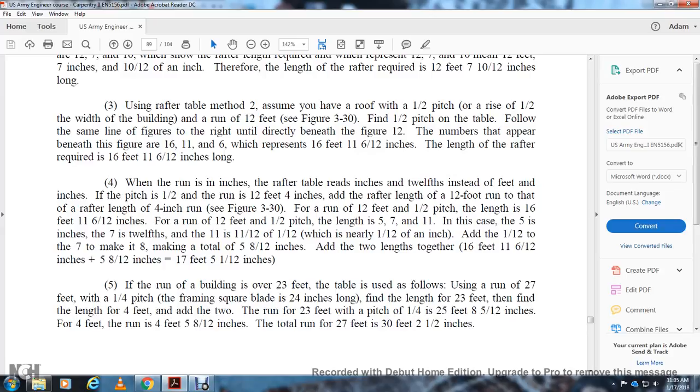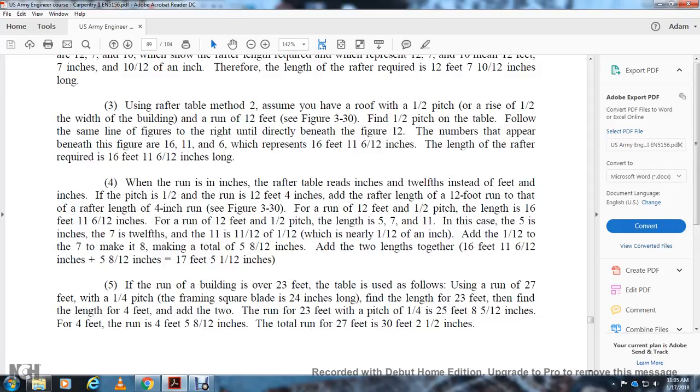Add the 1/2 inch to the 7 inches to make it 8, making the total 5 feet 8 inches. The total length of 16 feet 11 and 6/12 inches plus 5 feet 8 inches equals 22 feet 7 inches.